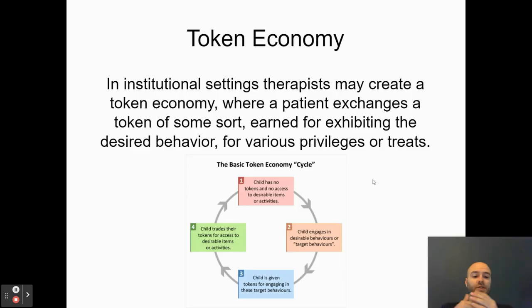With the example of the autistic children, maybe they engage with sharing toys or communicating in some way with their peers or their parents or their therapist. Then they're given a reward for that, and they can use that reward to buy some type of privilege or treat. It's kind of like money in the general economy, right? But in this instance, you're trying to shape and encourage specific behaviors from those who are struggling with different disorders.